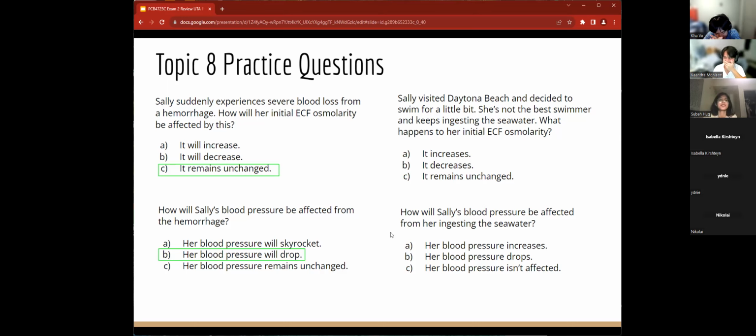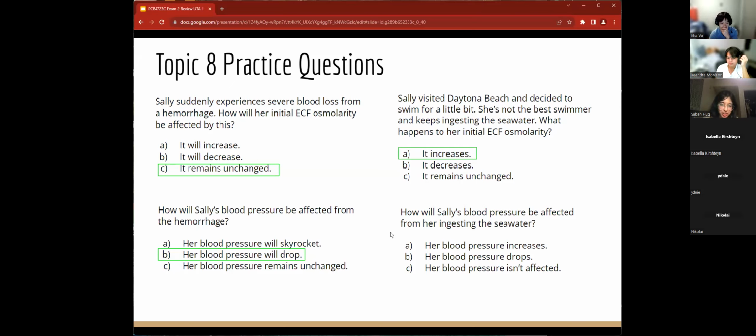When she's ingesting the seawater, she's taking in a lot of solutes from seawater. So the concentration of her extracellular fluid is also increasing because you're adding solutes to it.